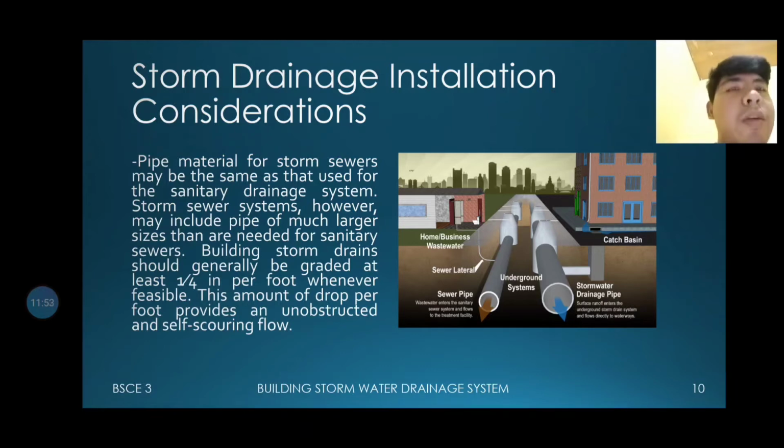Kaya usually pag gamay man gud ang pipe, pag naggrabe ang ulan, may tendency na siya murag di gud niya makaya. So ang tendency is mag-overflow. Siguro sa ingani nga mas dako ang pipe, mas kaya niya na free flow lang ang tubig og dili magka-overflow. So makita man siya diri sa picture na mas dako gid ang pipe sa storm water drainage pipe kaysa diri sa sewer pipe.